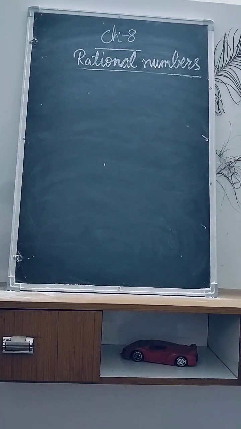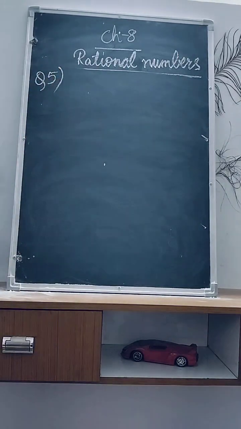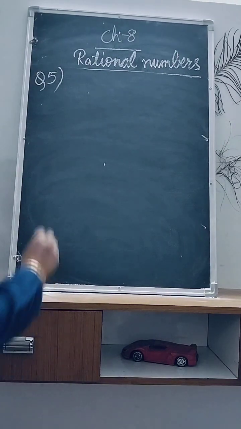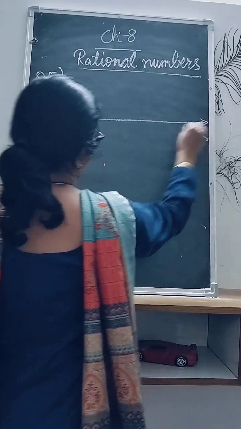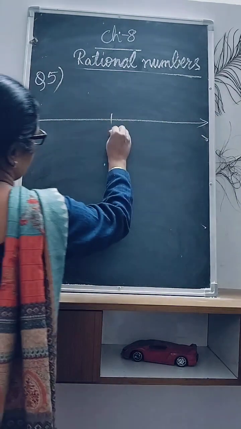Now the next question is question number 5. A number line is given to us here. Okay, 0 is in the middle.